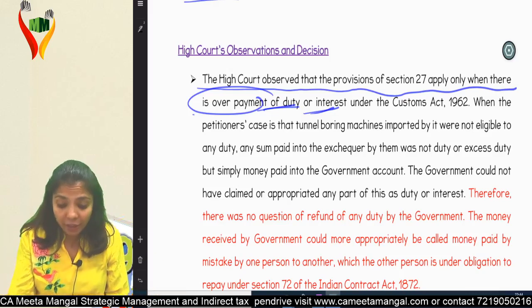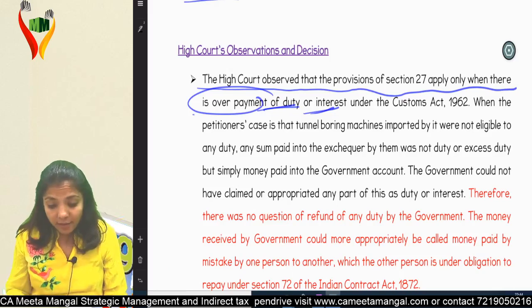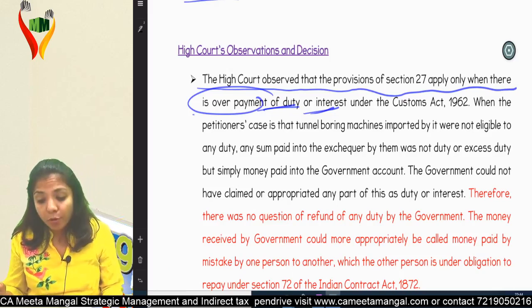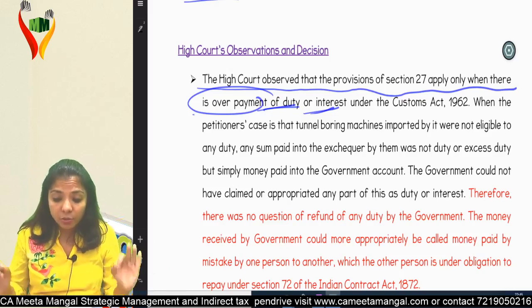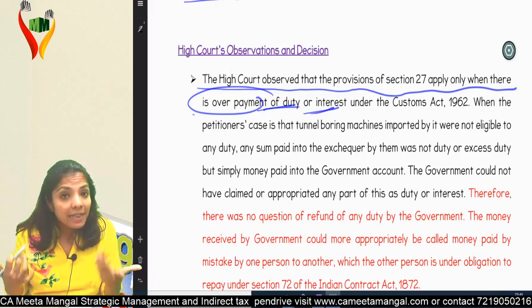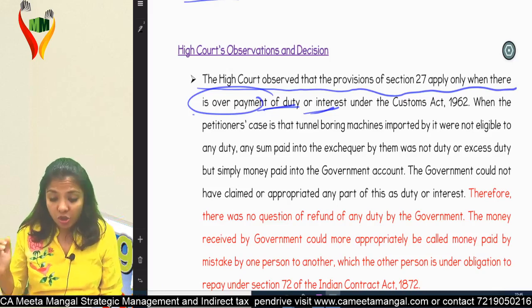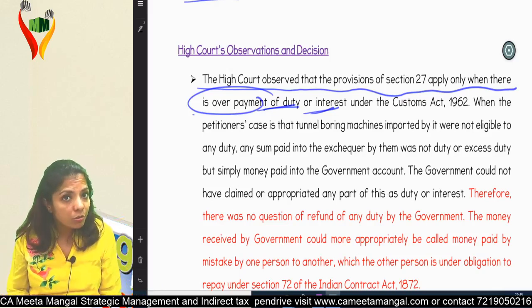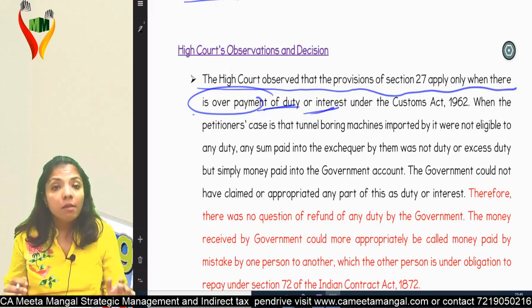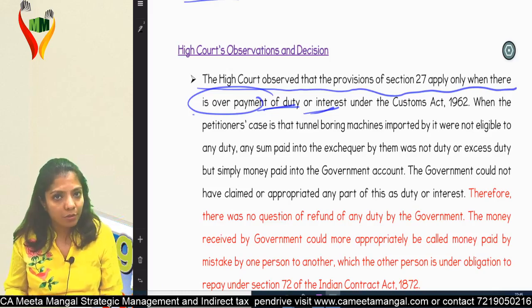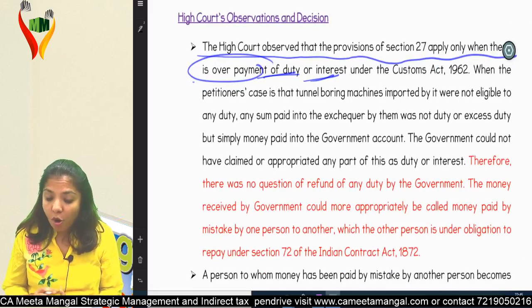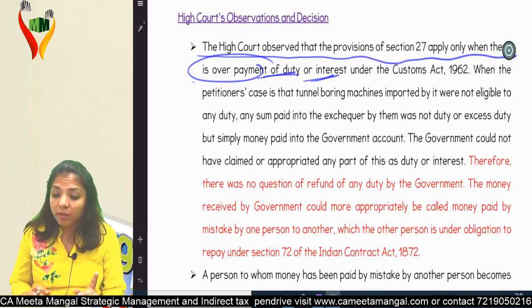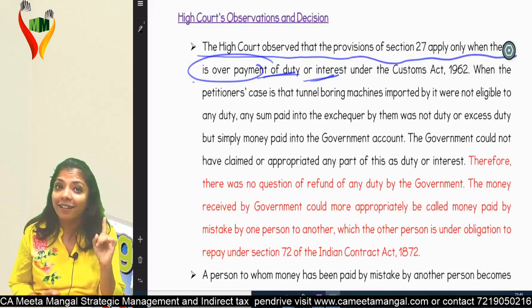In the petitioner's case, the tunnel boring machine imported by it was not eligible to any duty, because any sum paid into the exchequer by them was not duty or excess duty but simply money paid to the government account. The government could not have claimed or apportioned any part of this as duty or interest. Understand?